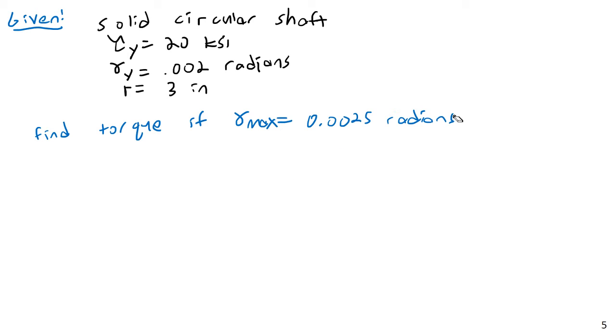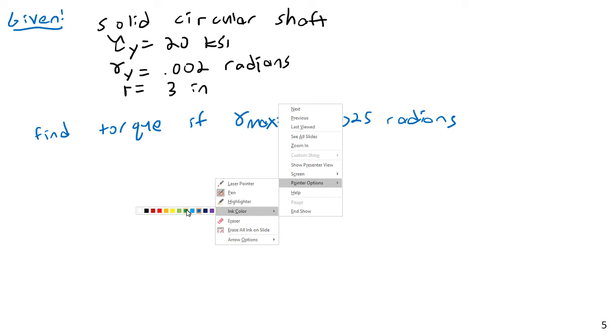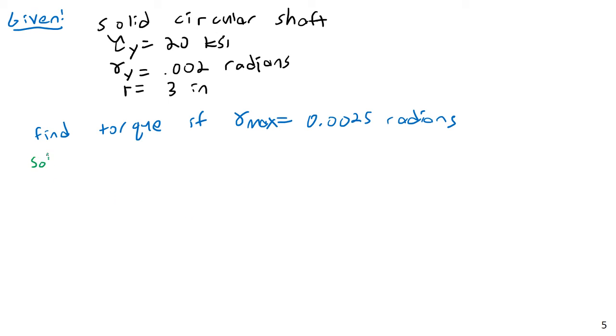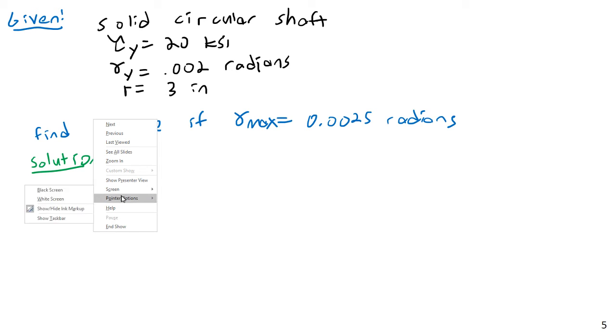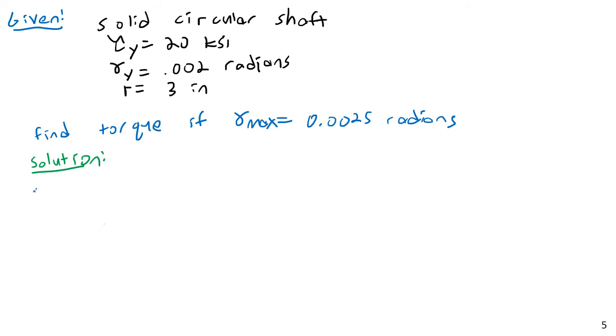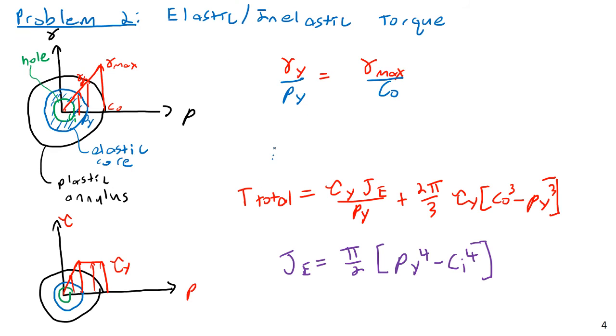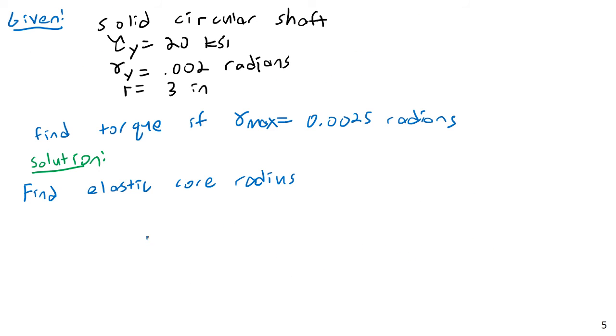Alright, solution. First, we need to find the elastic core radius. We're going to find it based off of this proportion here.